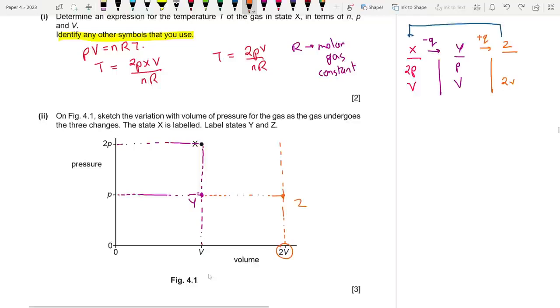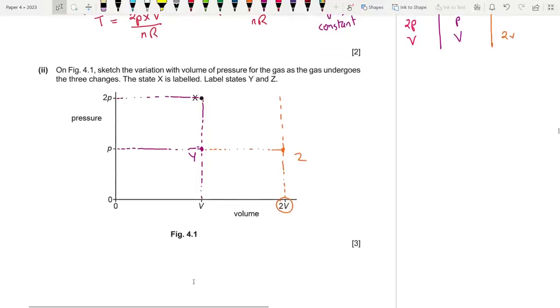Now we are just asked to label states Y and Z. So we label them and sketch the variation with volume of pressure for the gas as the gas undergoes the three changes. Okay, so we actually have to draw arrows as well for these changes. So let's go for it.